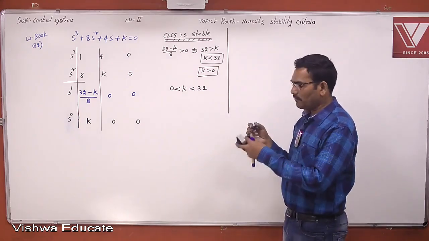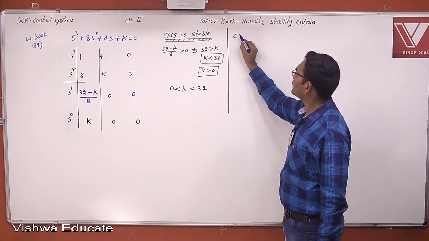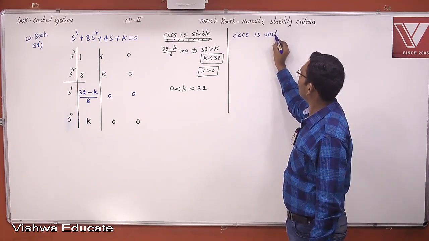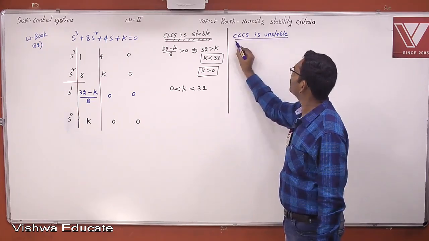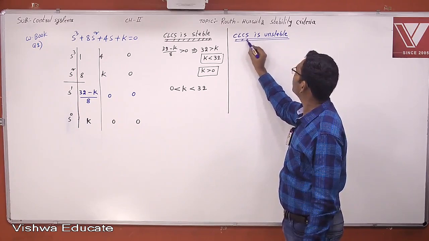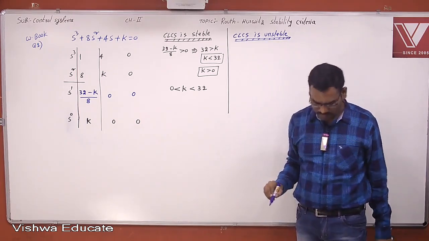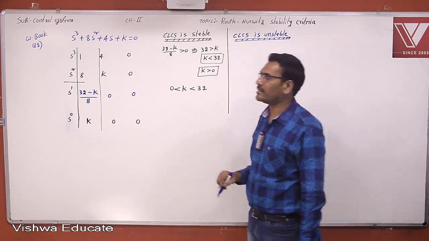Next, for unstable. Now when the closed loop control system is unstable, any one sign change is sufficient.